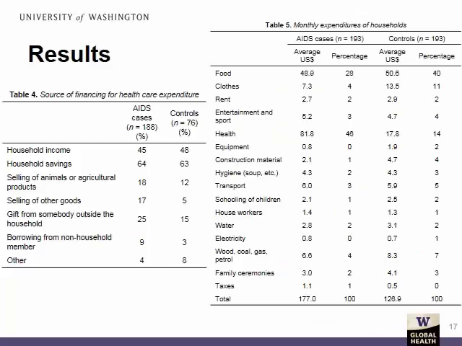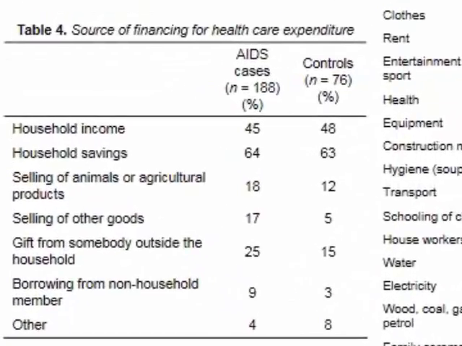I wanted to present some of the other results in that paper, and I wanted to touch on the source of financing for healthcare expenditure. You will see that most of the money comes from household savings, right here, for both AIDS and controls. And you'll see that people usually sell animals or agricultural products, but they also borrow. 9% for the AIDS borrow and 3% borrow.